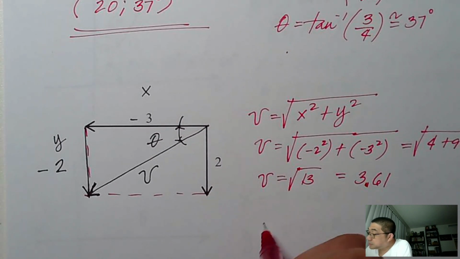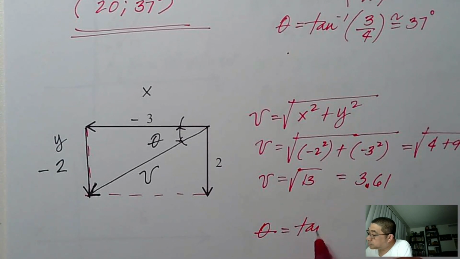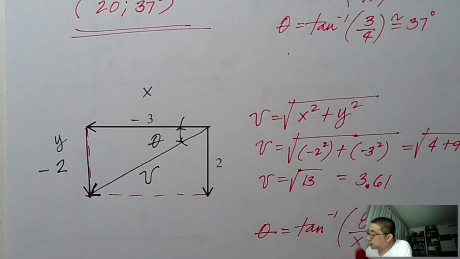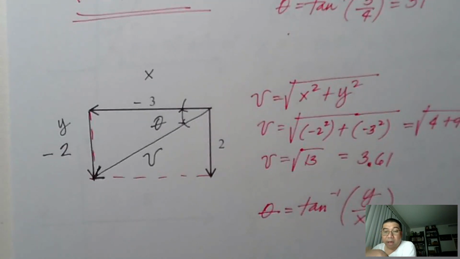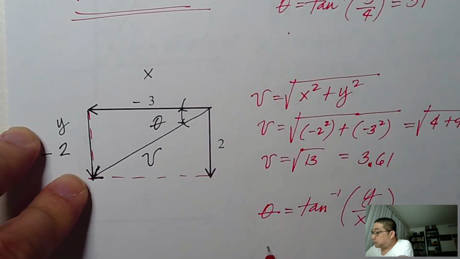Angle, so arctangent. So that will give you y over x. Again, the negative will not cause any problems because the negative divided by negative is going to be positive. So what is the arctangent?